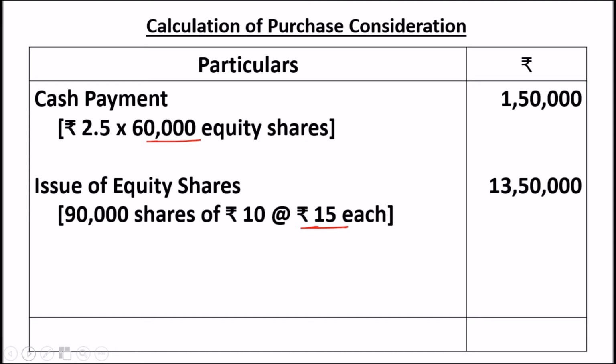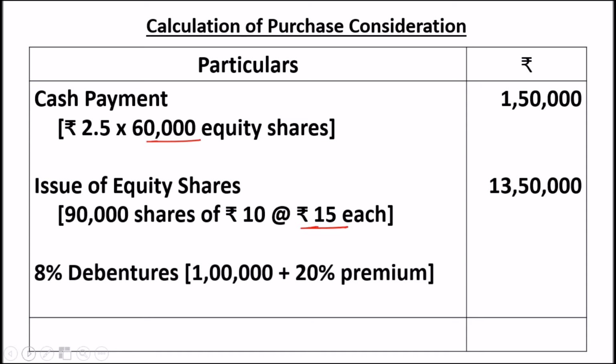And also issue of fully paid 8% debentures, and 8% debentures are being issued at 20% premium. The existing value is 1 lakh. Adding 20% premium, we get 8% debentures as 1,20,000. Now these 1,20,000 worth of debentures are issued at a discount, that is at 96%.